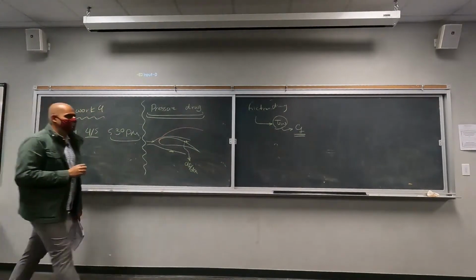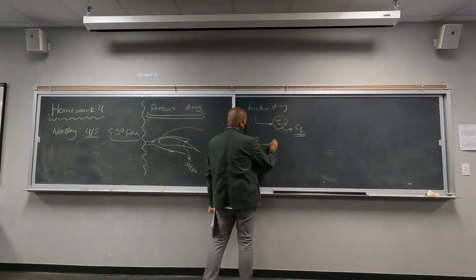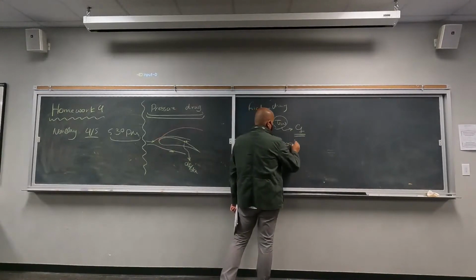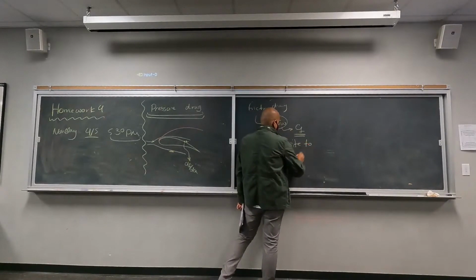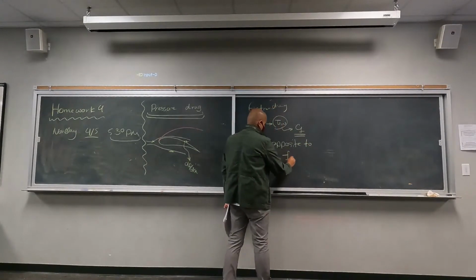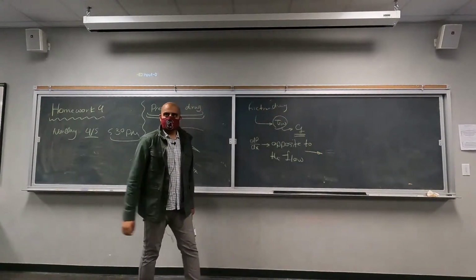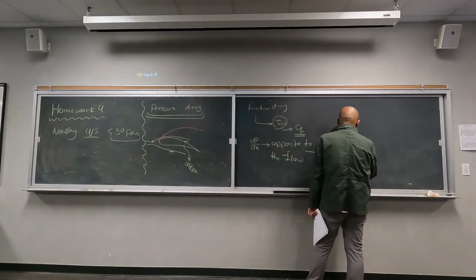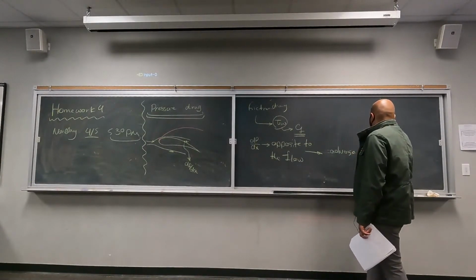So the pressure gradient is going to become dP/dx opposite to the flow. And this is the thing we call adverse pressure gradient, adverse dP/dx.